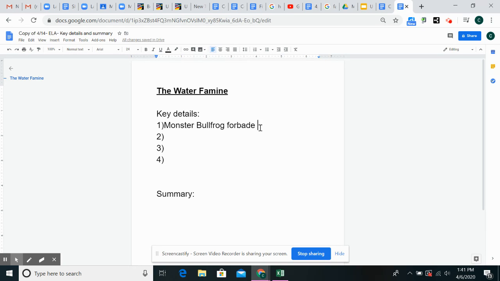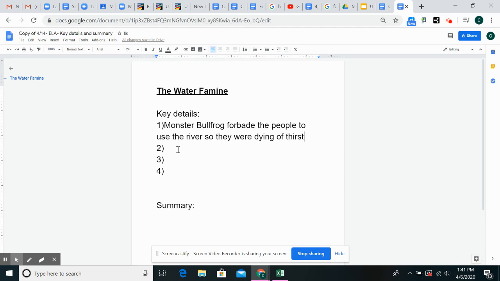They forbade the people. You have to excuse my bad typing. To use the river, so they were dying of thirst. Okay, it's really important to identify what the problem is in the text. And that's the first really important event.